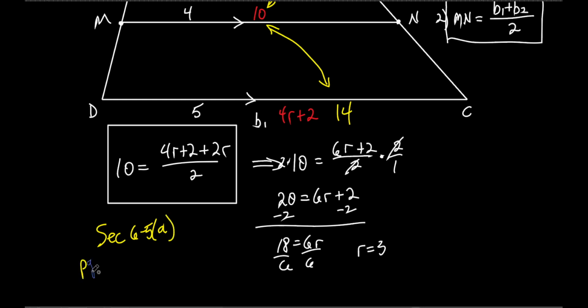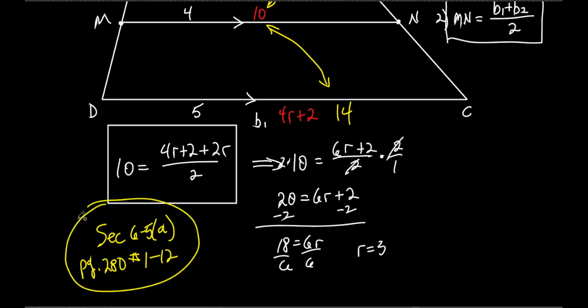I'll write down the page, 280. And it is 1 through 12. Not 100% sure, but I believe I just gave you stuff with trapezoids. Okay, if there's stuff with kites in here, then don't worry about it. We haven't done the kite yet. But I'm pretty sure that all this stuff is just trapezoids. Everybody got that?